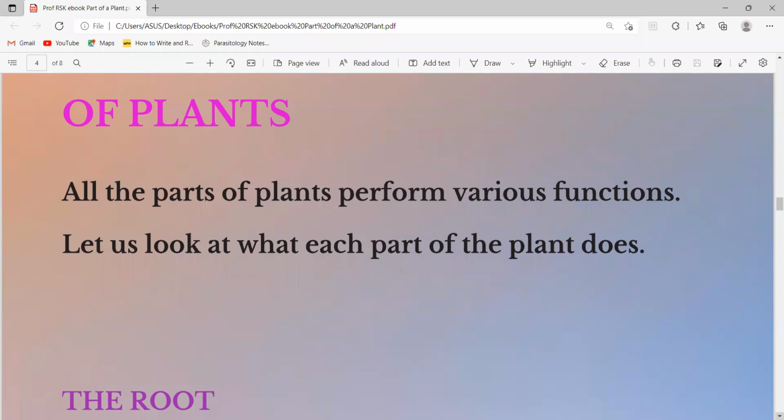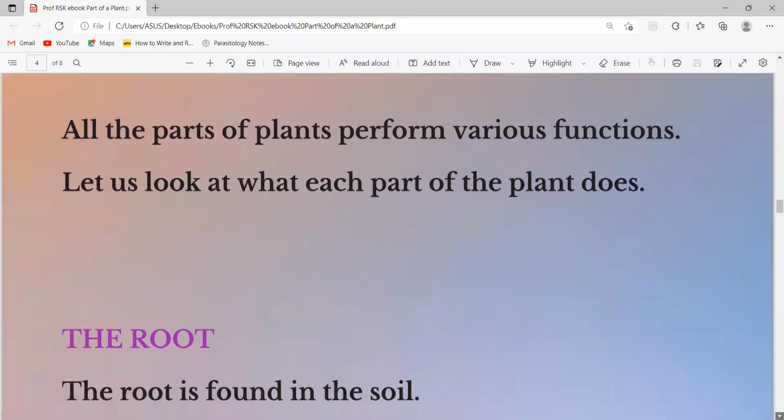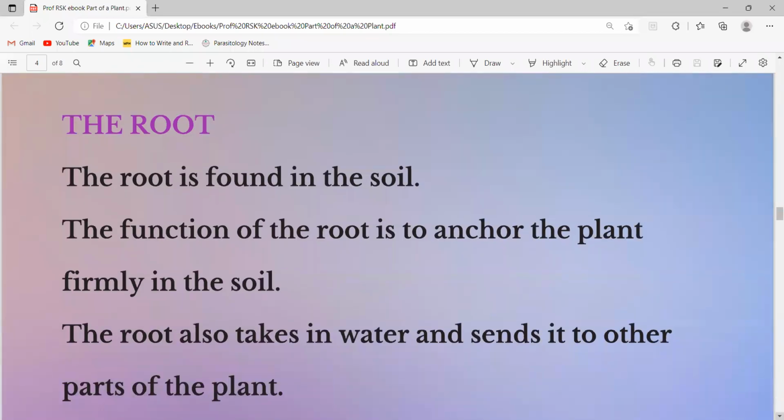All the parts of plants perform various functions. And today we are looking at the root. The root is found in the soil as established earlier. The function of the root is to hold the plant firmly in the soil.